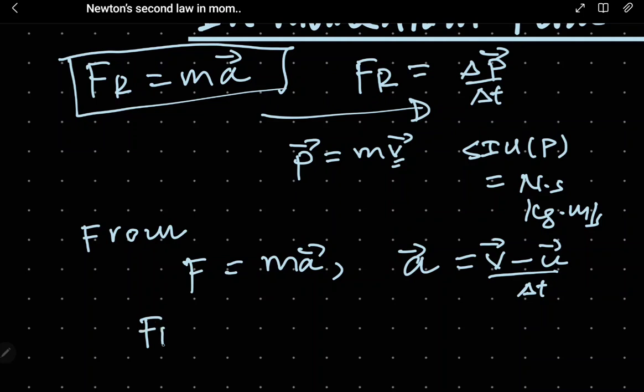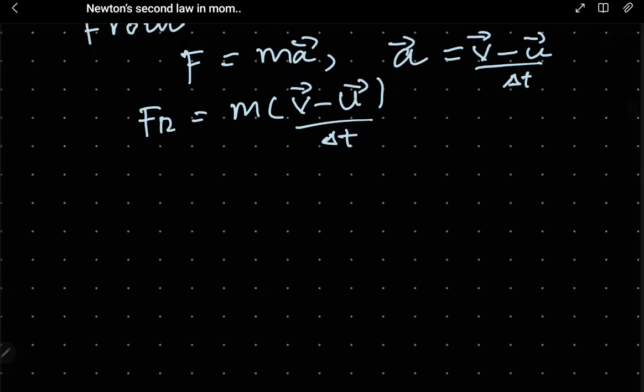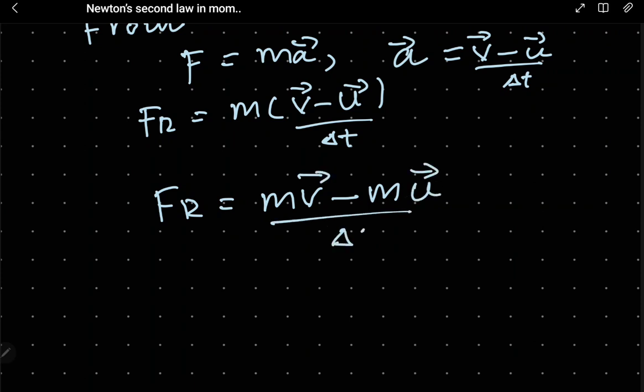So the force resultant is equal to the mass times (v minus u) divided by change in t. Let's distribute the mass into the bracket. The force resultant is equal to mass times v minus mass times the initial velocity u, divided by the change in t.